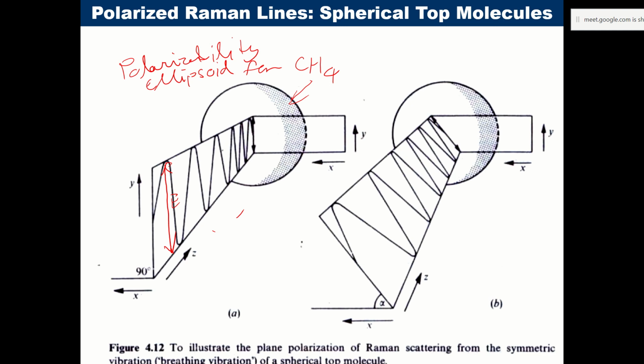So you have a spherical ellipsoid, absolutely spherical. The A and B major minor axes are equal when you are having a symmetric stretching vibration. So this is the ellipsoid for symmetric stretching vibration.